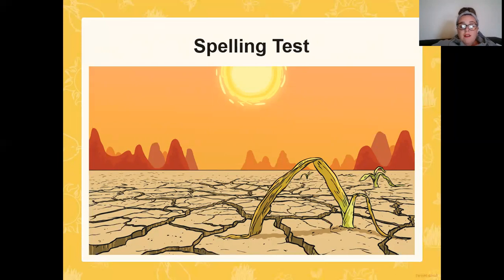The third word is drought. The drought is severe. Rain falls rarely and in small quantities. Drought. The fourth word is brought. The candles were brought in. Brought.